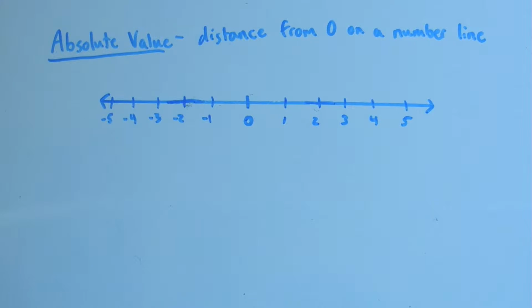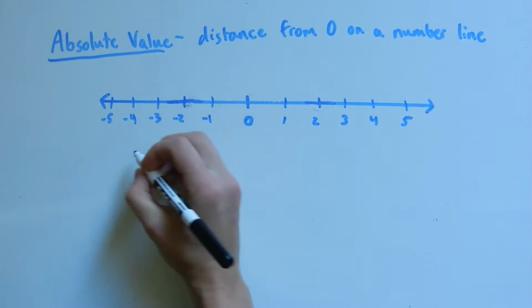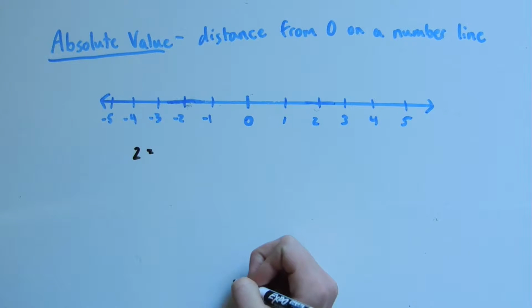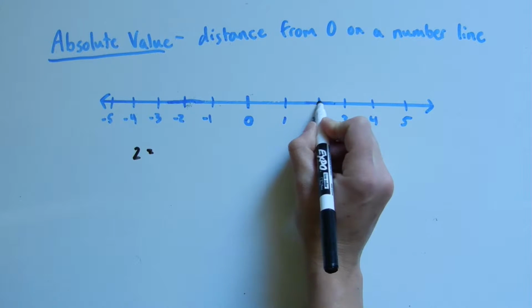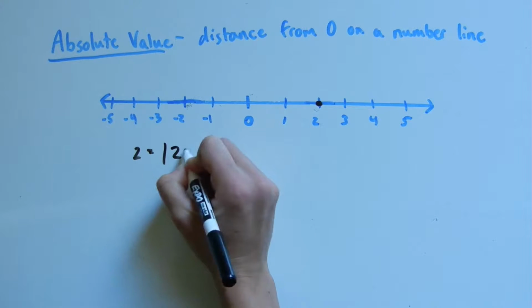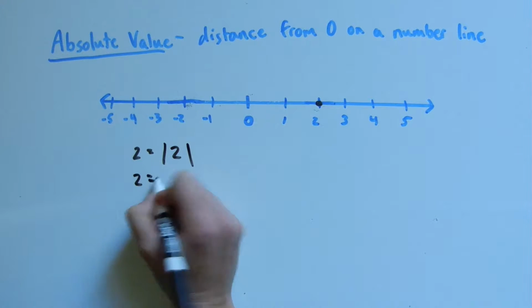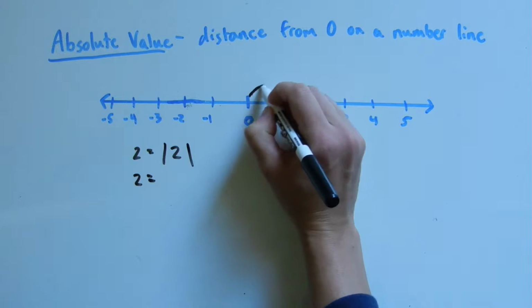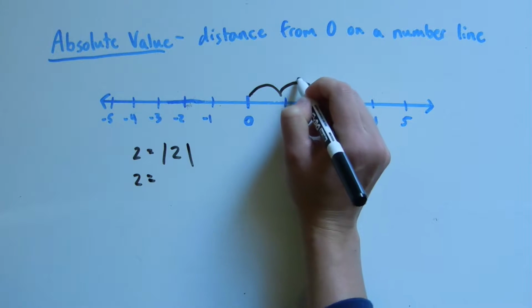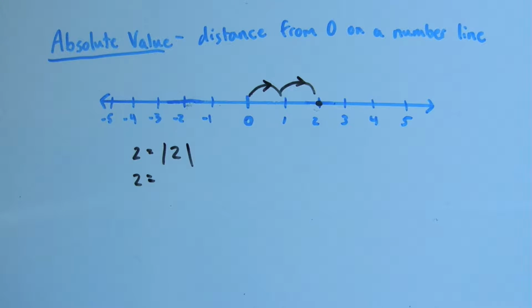So if I said the distance from zero was 2, well, we know right away that can be a positive 2. So the absolute value of positive 2 is equal to 2. But that's 2 away from 0 going to the right.